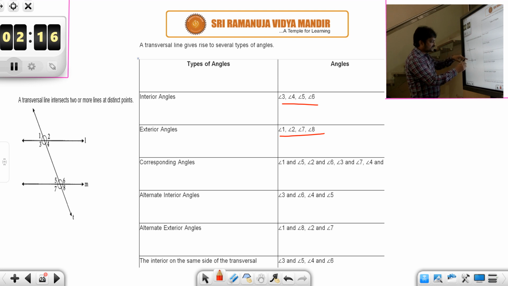In a similar way, 5 is also an angle formed in a similar manner, but with respect to M, above M and left of the transversal T.